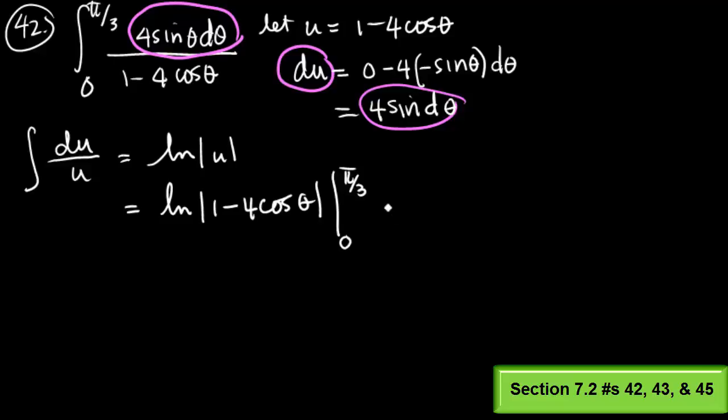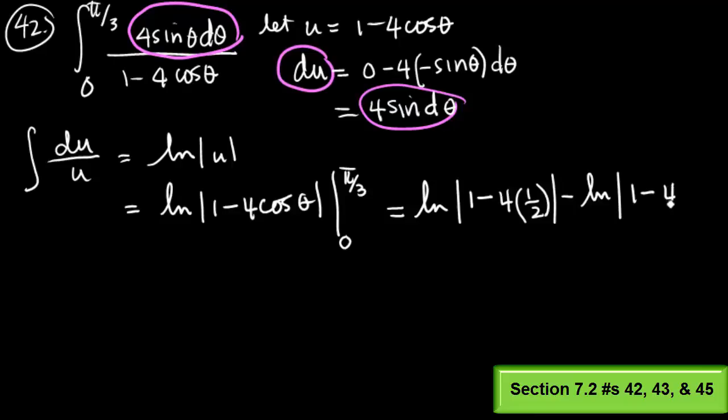So here is just trig application. We have the natural log of 1 minus 4 times, what is the cosine of pi over 3? The cosine of pi over 3 is 1/2, and then minus the natural log of 1 minus 4 times the cosine of 0. The cosine of 0 is 1.